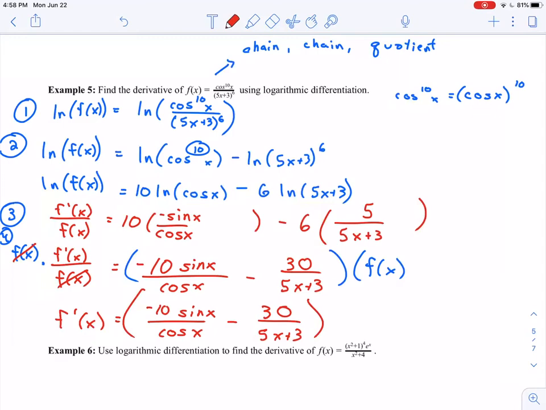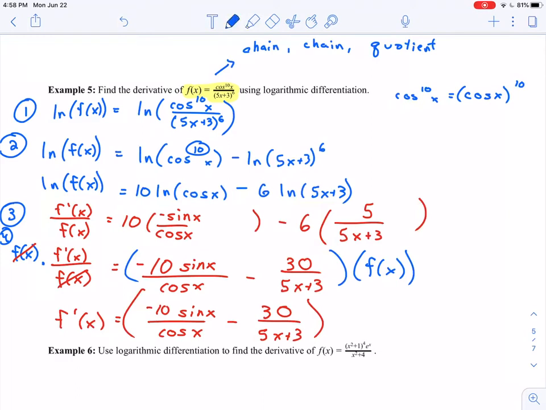Well, shoot, what the heck is f of x? What does that part look like? Look back at what we started with. Right there it says f of x equals cosine to the 10th power of x divided by 5x plus 3 raised to the 6th power.